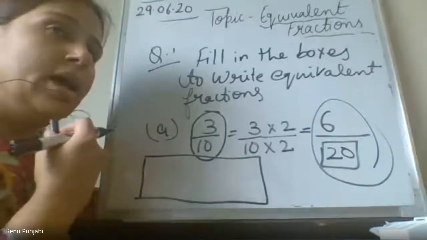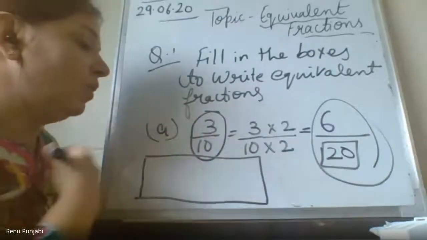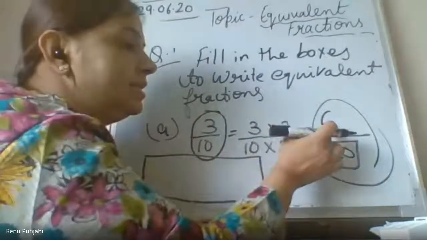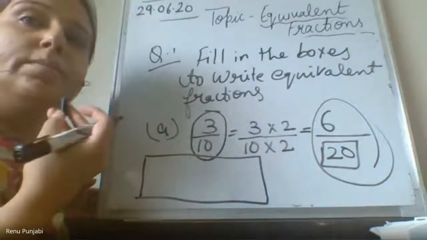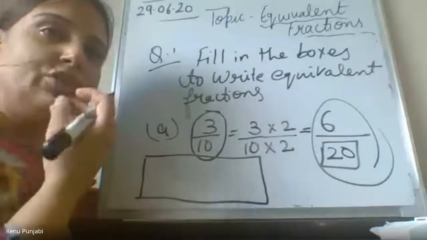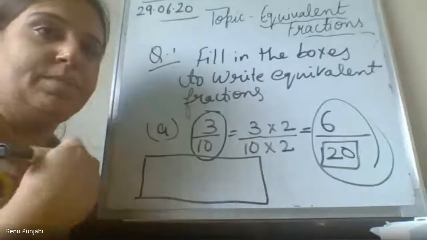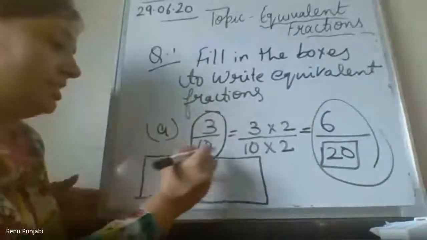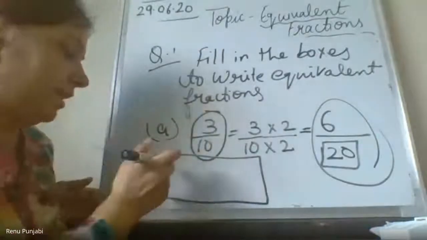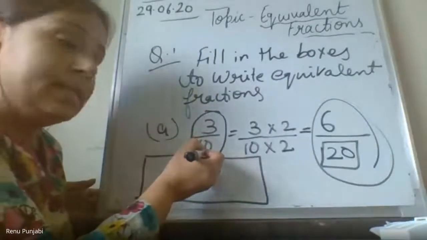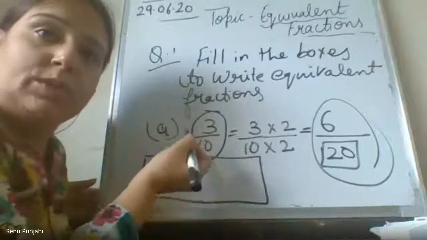Now we can see how these 3 upon 10 and 6 upon 20, both the fractions are equivalent. I will show you with the pictorial formation. Pictorial means in the picture form. So this is my chocolate bar. I want to divide it into 10. 10 is the denominator. 10 means total parts.